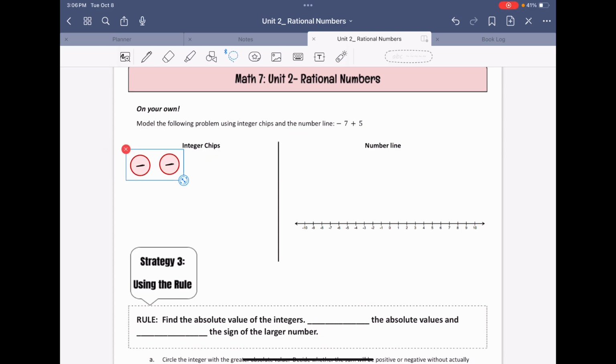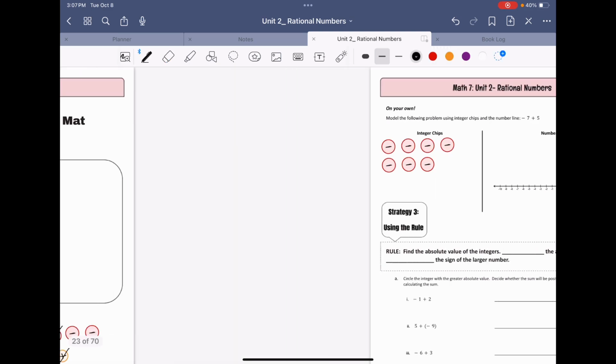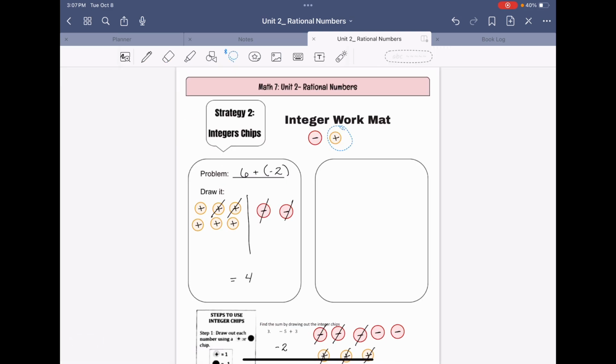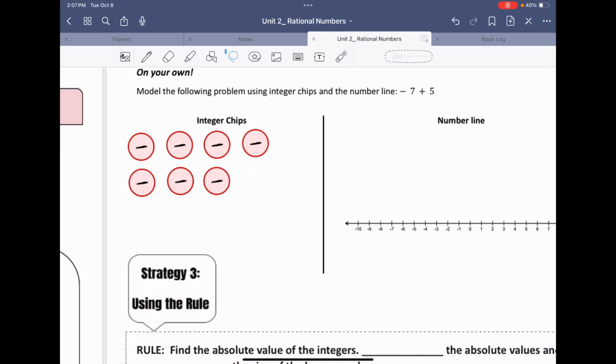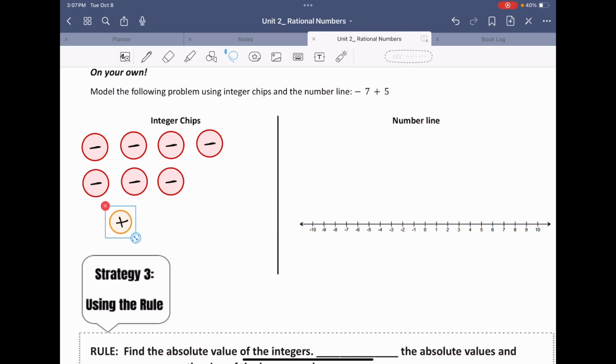So I'm just going to paste my 7 negative chips. So there's 4, 5, 6, 7, 8. I'm going to erase one. So there's 7 negative chips. Now to copy my positives. 1, 2, 3, 4, and 5.